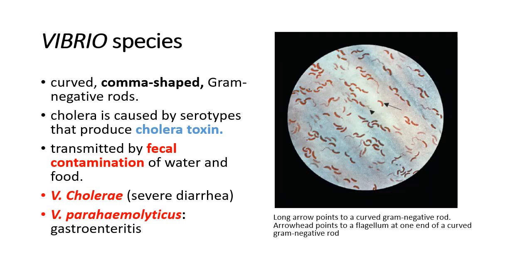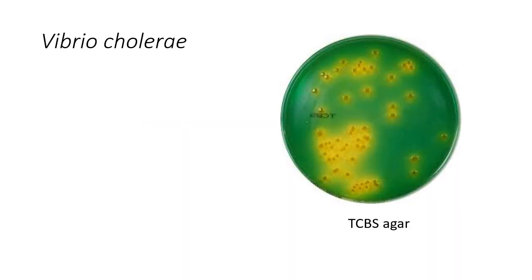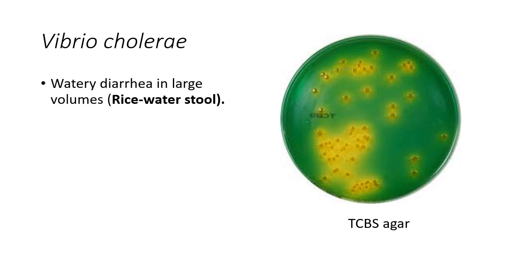This picture shows you nicely how this curved bacteria looks under the microscope, and in some of them you can actually see the flagellum at one of the ends. A very important characteristic of Vibrio cholerae is that once it infects people, it causes what we call rice water stool.